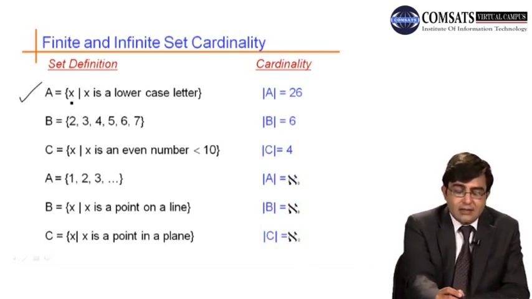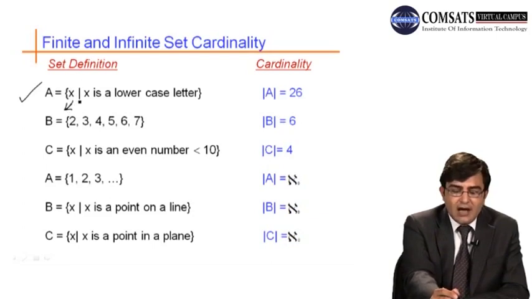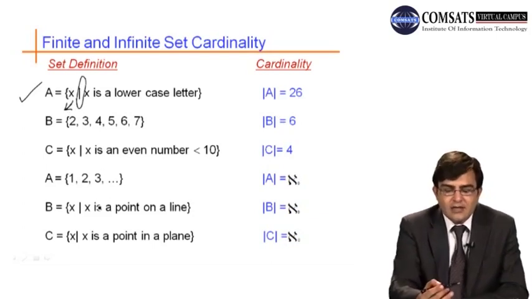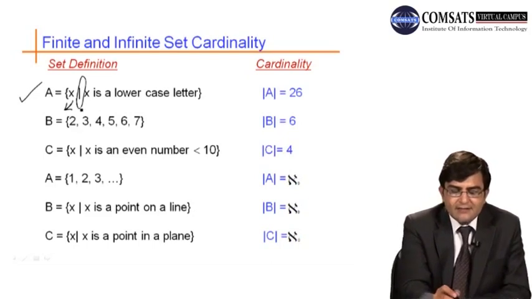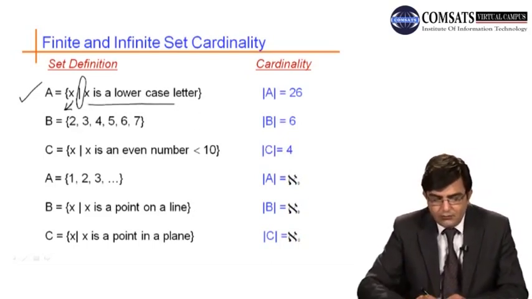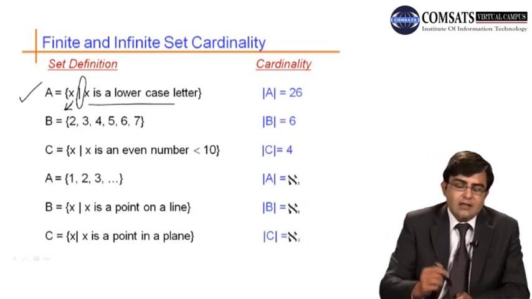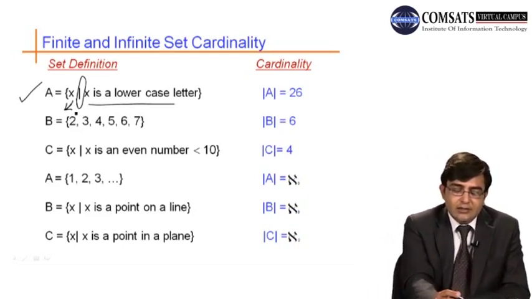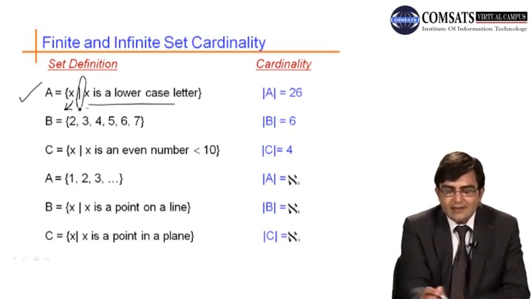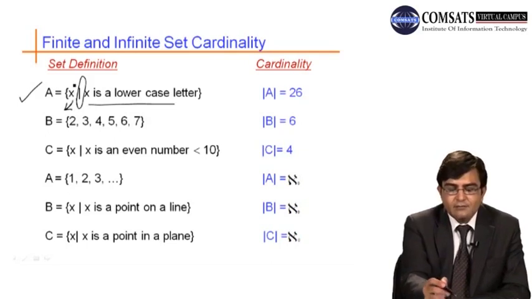A is a set which contains the elements x such that, now this bar means such that, which means this x satisfies this condition. It's set A which contains the elements x, where the description of x is given here. What is x? x is a lowercase letter.